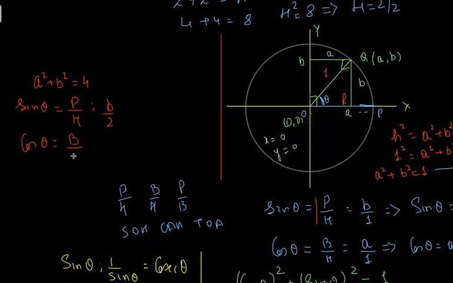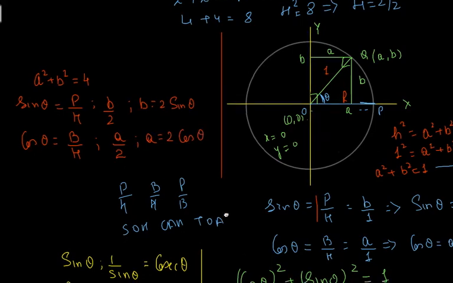Base over hypotenuse, and it is A by 2. B is equal to twice sine theta, and A is twice cos theta, right?